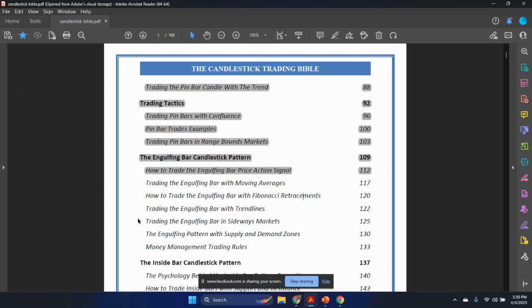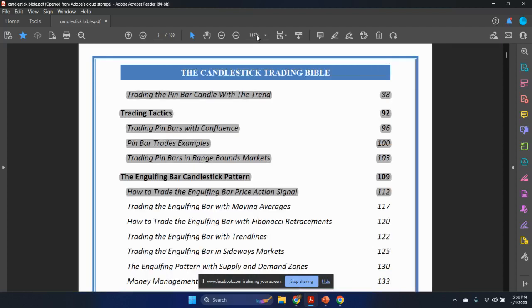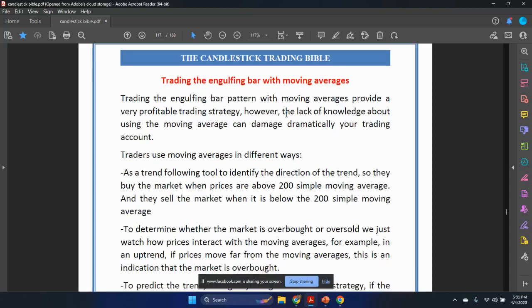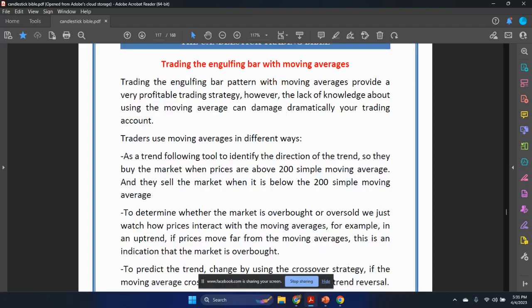All right, so this week, trading the engulfing bar with moving averages. So let's get into it. Trading the engulfing bar with moving averages provides a very profitable trading strategy.